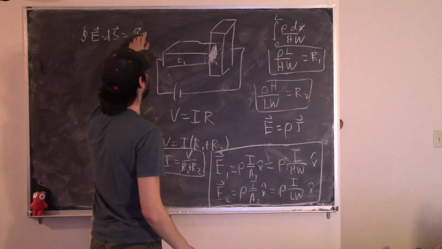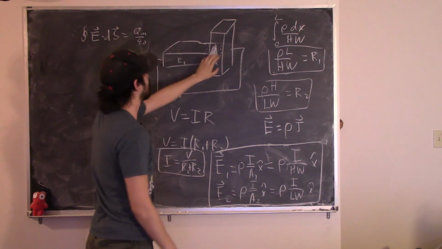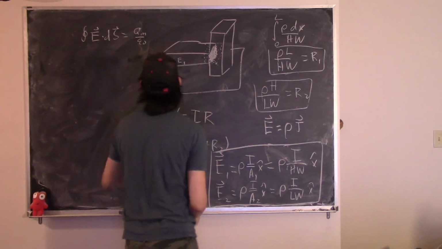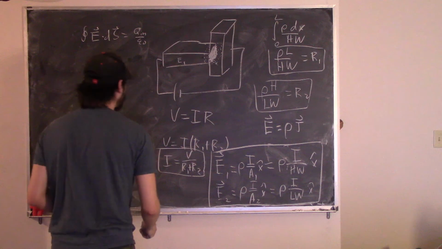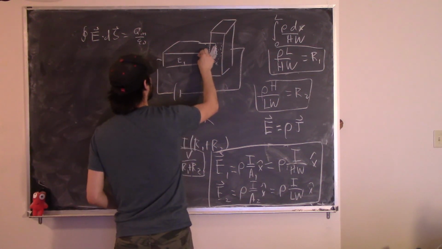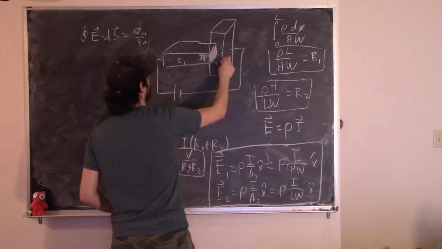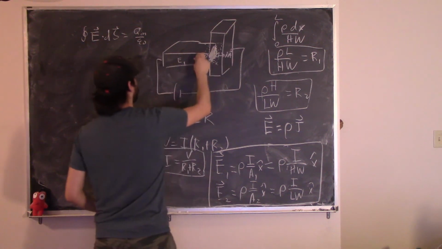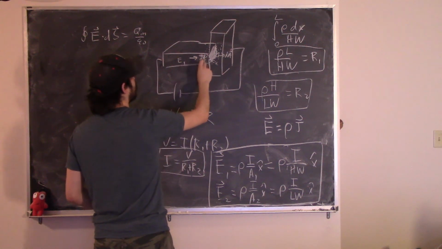The reason why I do this is because I want the charge inside the box, and I have what the electric field is on the left and the right. This has some dA vector that points to the left, and this has some dA vector that points to the right. The electric field points from left to right here.